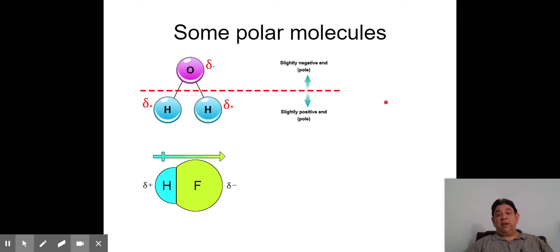These are not the only molecules that can form dipoles. Water is an example of a rather polar molecule. And that's because, remember, water has a bent planar molecular geometry. So we're going to have to take into account not only the polarity of the bonds in a molecule, but also the direction of the dipole moment.